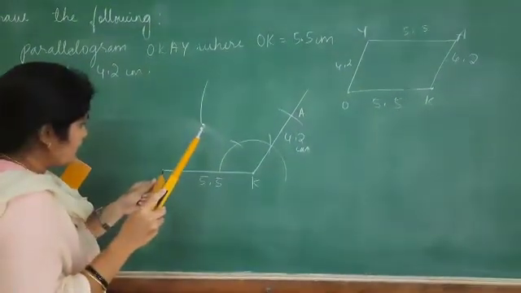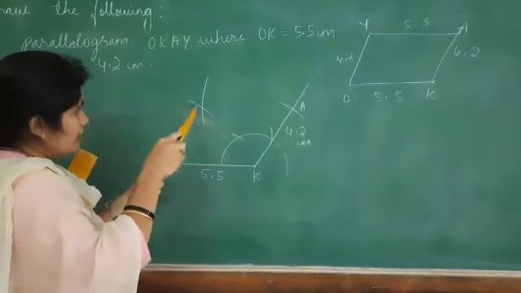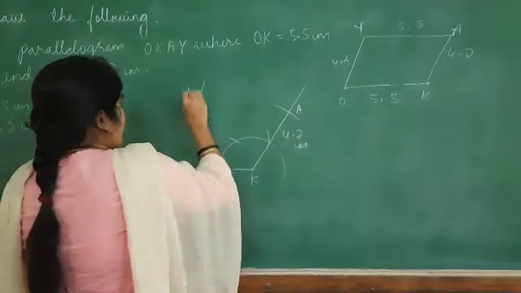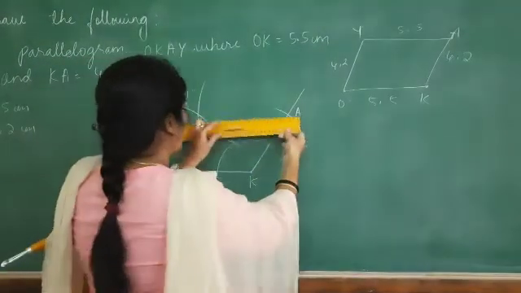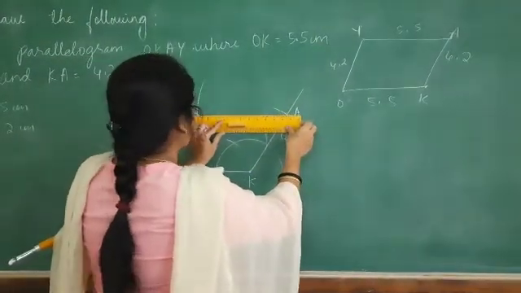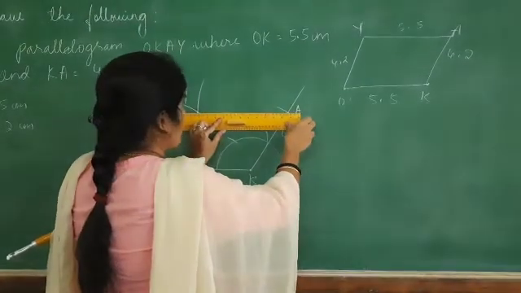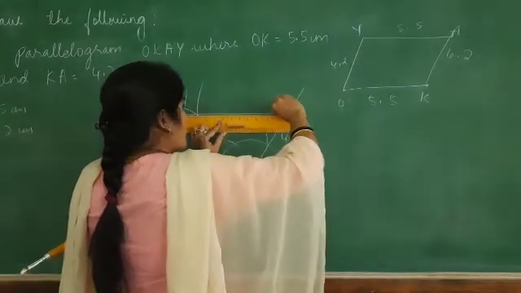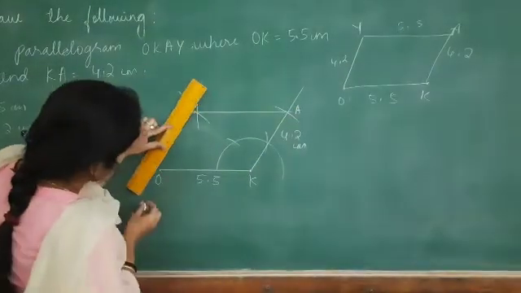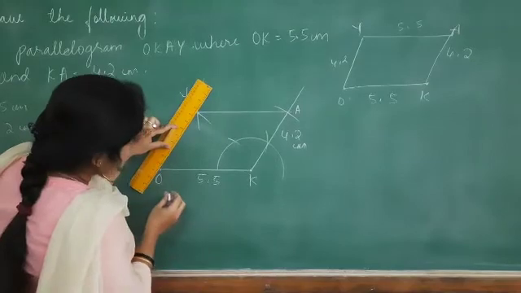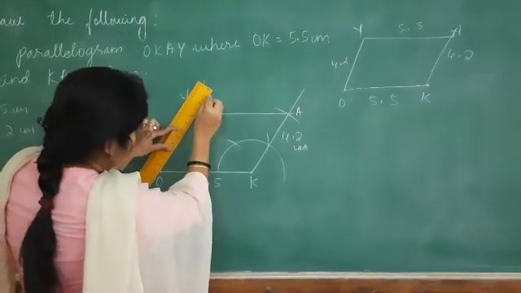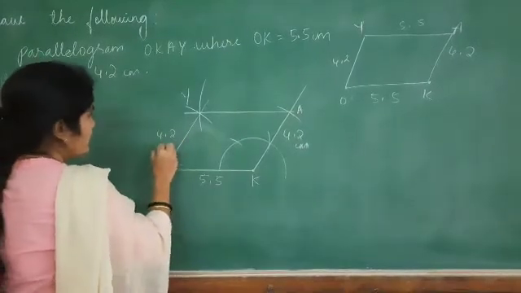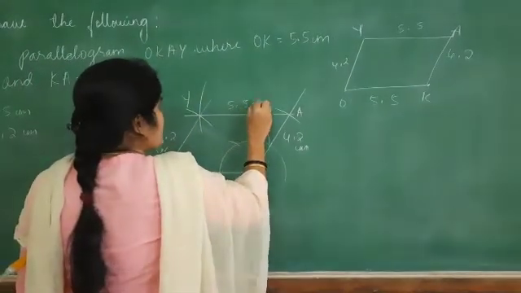Keeping O as the center, cut the arc. So this point of intersection will be Y. This is 4.2 centimeter and this is 5.5 centimeter.